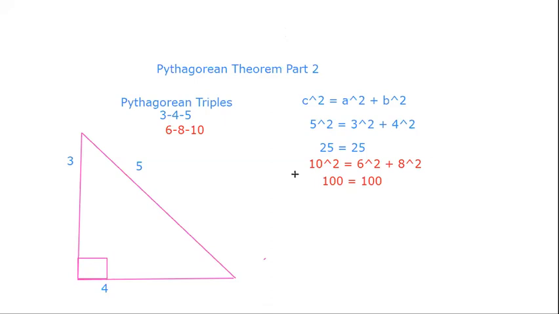Now there's another thing that we can do with the Pythagorean theorem, and that is we can identify different types of triangles, not necessarily a right triangle. So let's do just a little bit of review from our angles. A right angle is how much? 90 degrees.